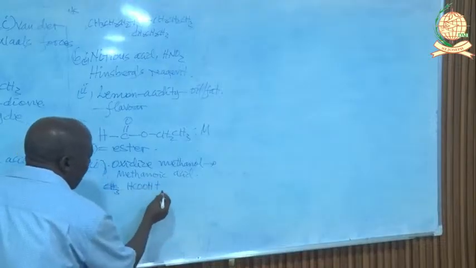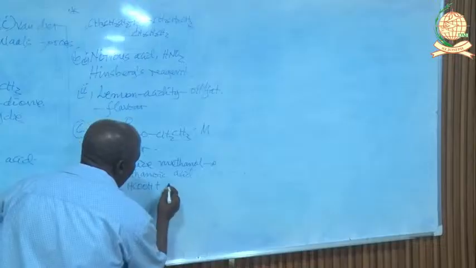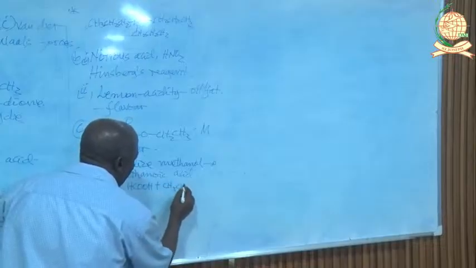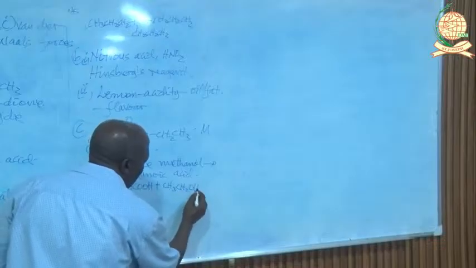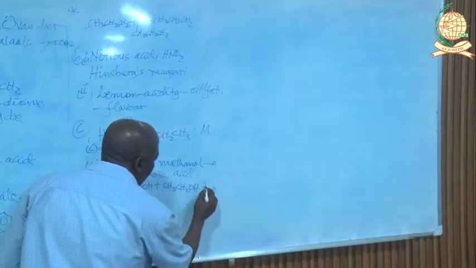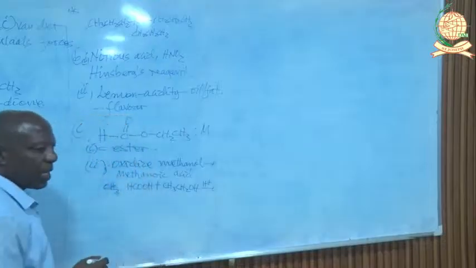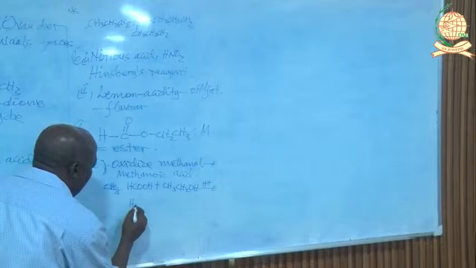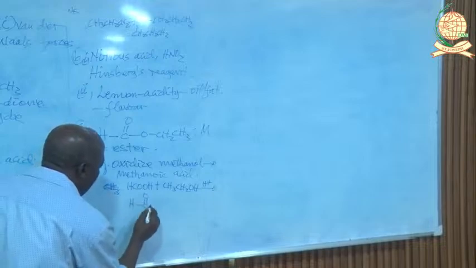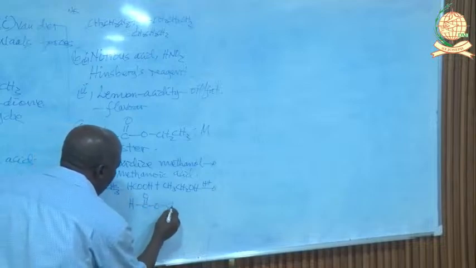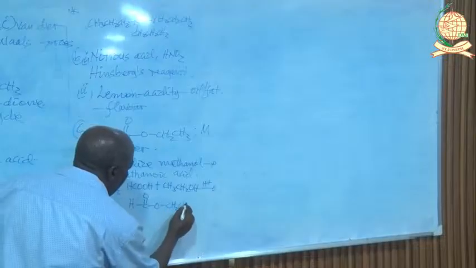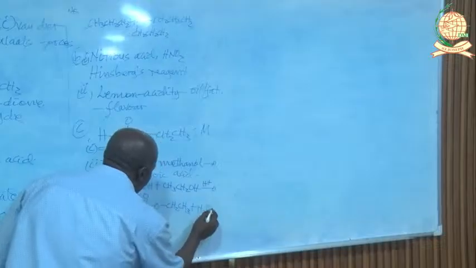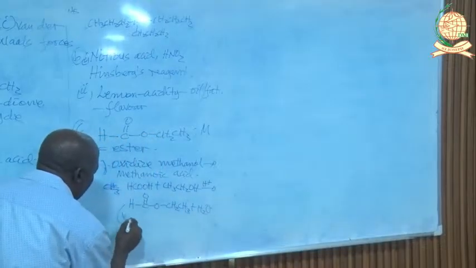Then you allow this to react with ethanol, CH3CH2OH, in the presence of sulfuric acid. The reaction is esterification, and finally you will get the intended product, compound M, HCOOCH2CH3 plus water. So this reaction is known as esterification.